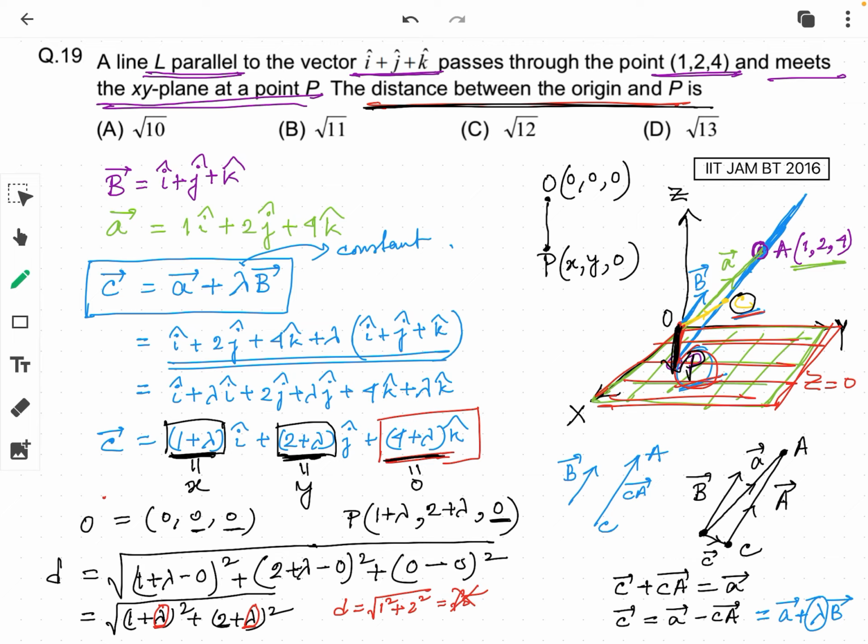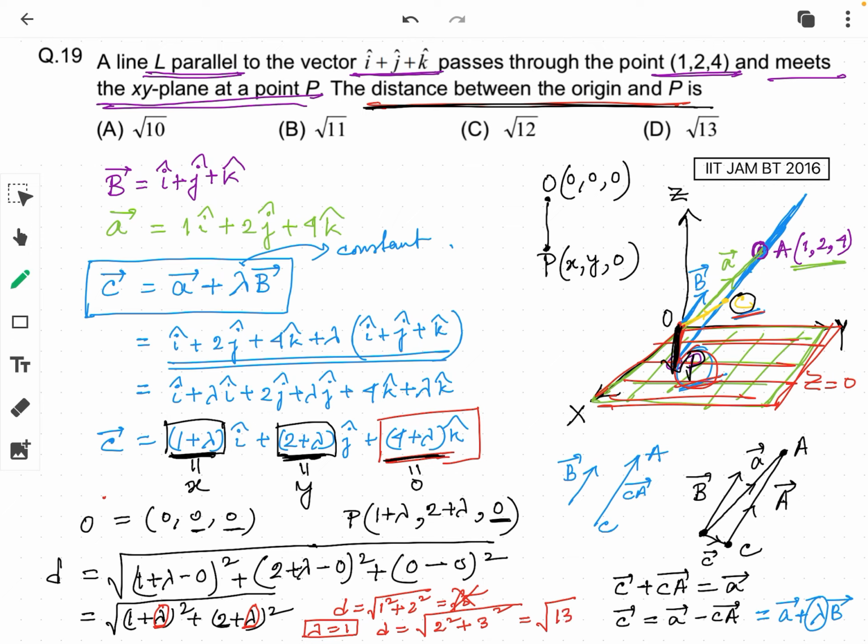So for lambda equal to 1, we get d equal to root over (1 plus 1) square, that means 2 square, plus (2 plus 1) square, that is 3 square, which is root over 4 plus 9, that is root over 13.